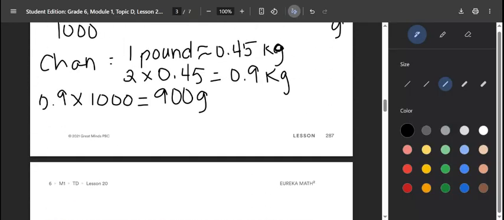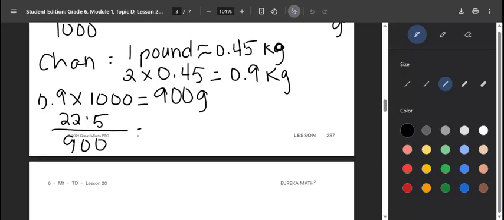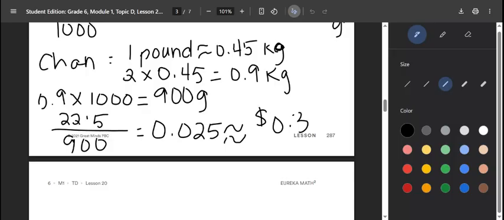Okay, so the Chan family paid $22.50 for theirs. So that's going to be 22.5 divided by 900. And that equals 0.025, which goes past the hundredths place, and it's money, so that's going to round to 0.03 dollars per gram.